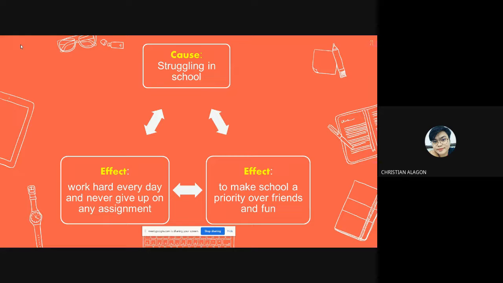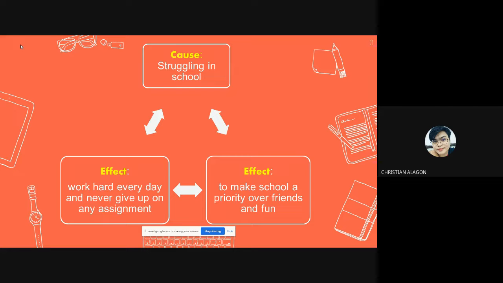As a student, we never give up on assignments because it will give us a good grade and it will provide us a better future. So we have here also to make school a priority over friends and fun. So that is the cause and effect of that particular situation that I presented earlier.